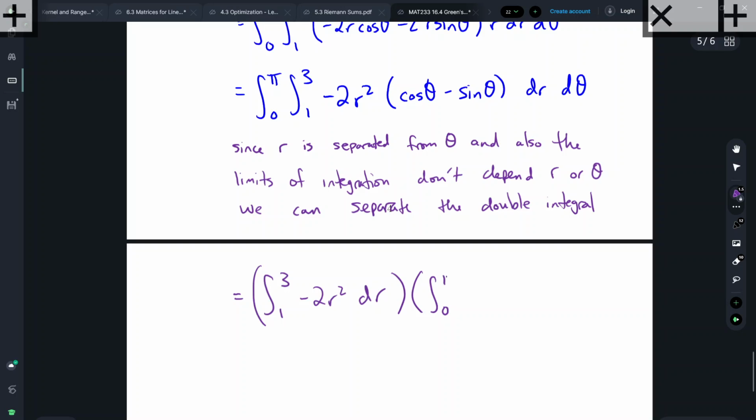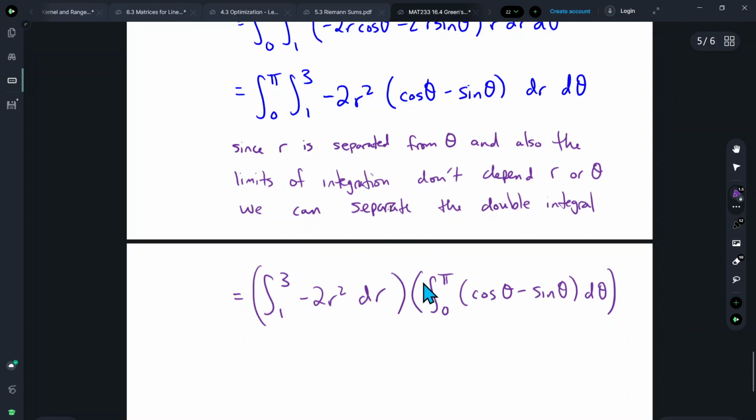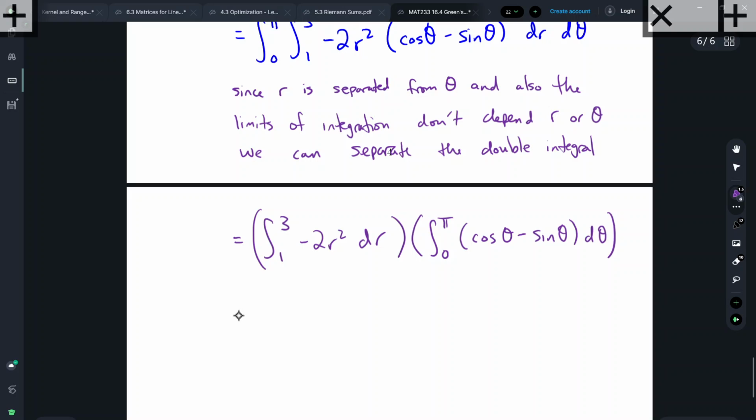Theta goes between 0 and pi. You have cosine theta minus sine theta d theta. Okay, so we can separate the integral like this and calculate them separately, right? Notice that this doesn't depend on theta, so we can just think of this as an ordinary integral, and this doesn't depend on r, so again we can just think of this as an ordinary integral.